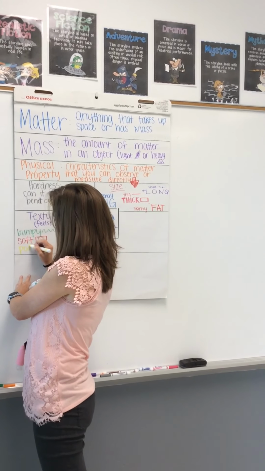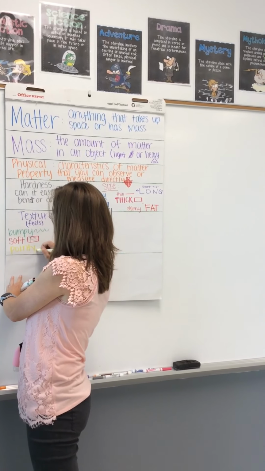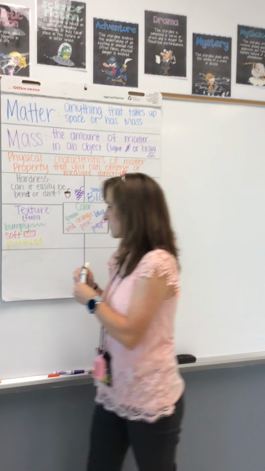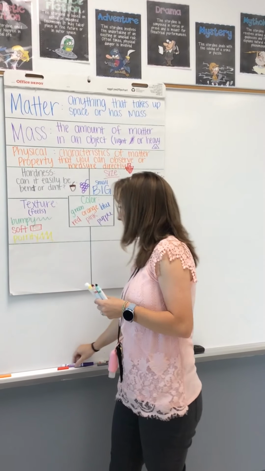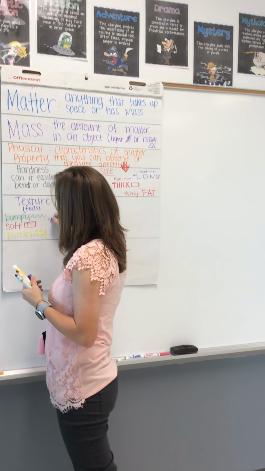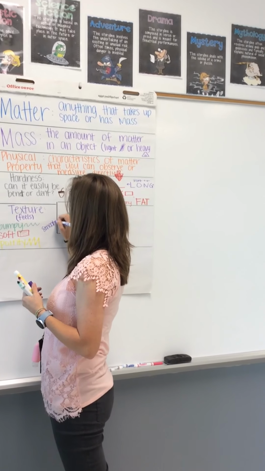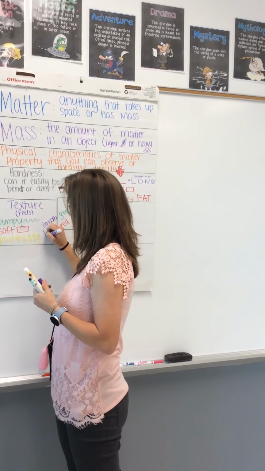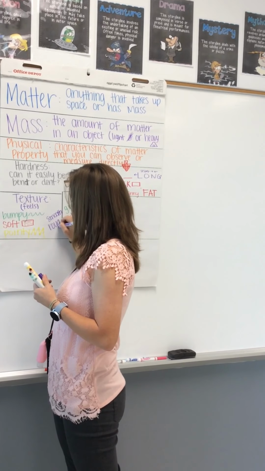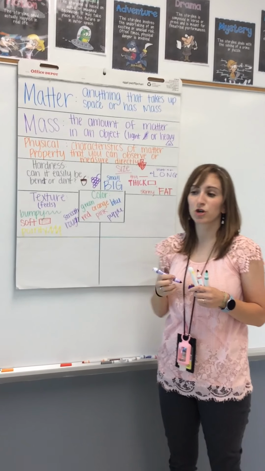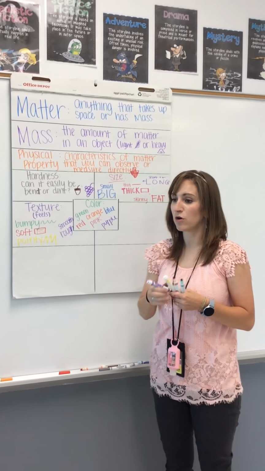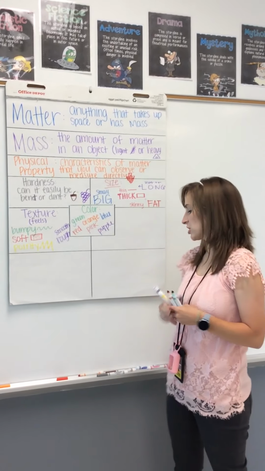Pointy, kind of looks like mountains. Maybe smooth or rough. Those are some words that we could use to describe a physical property, texture.